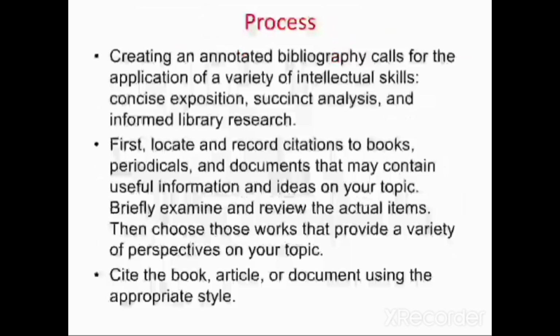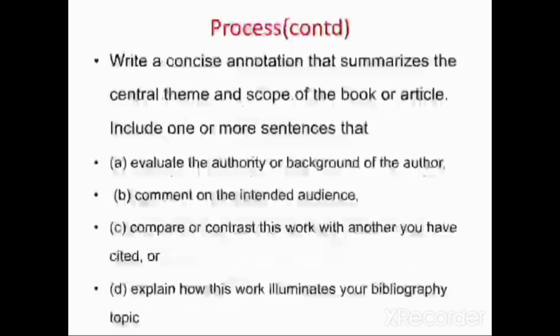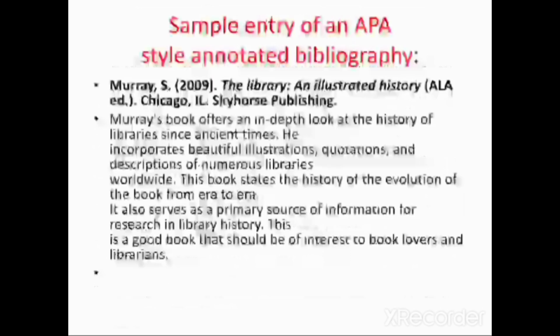Cite the book, article, or document using the appropriate style. Then write concise annotations that summarize the central theme and scope of the book or article. Include one or more sentences that evaluate the authority or background of the author, comment on the intended audience, compare and contrast this work with another you have cited, and explain how this work illuminates your bibliographic topic.